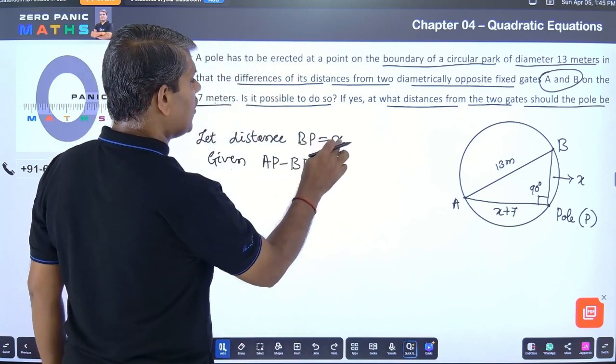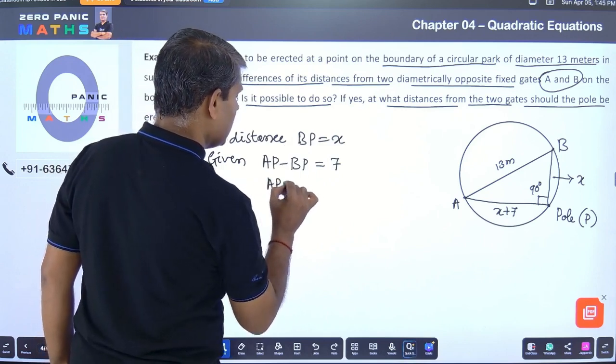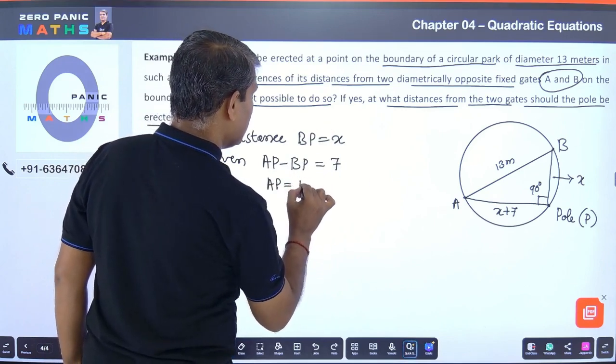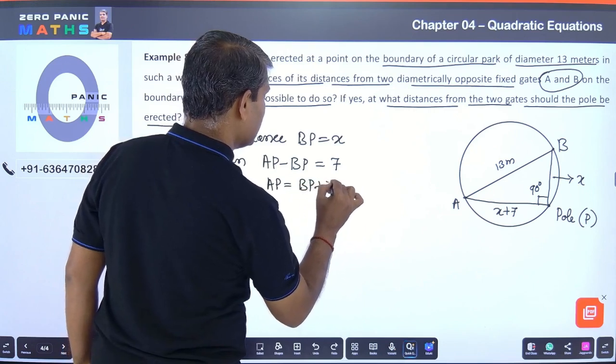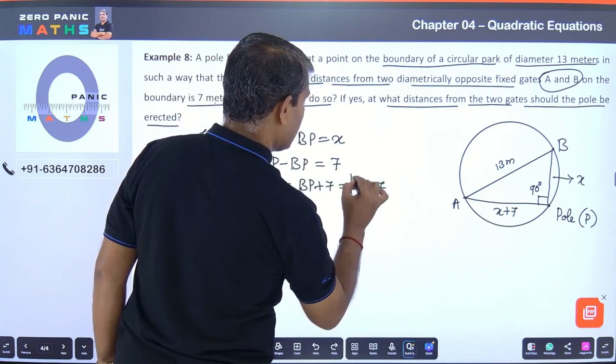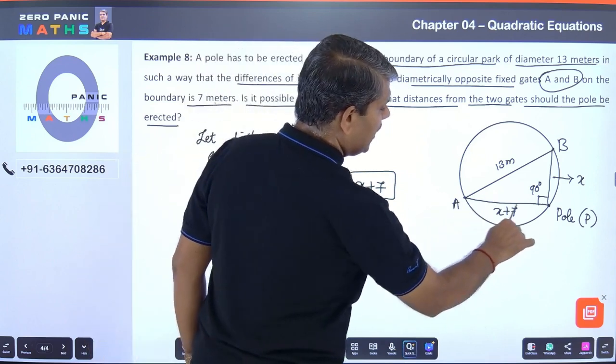Since BP is already x, I'm trying to find AP. AP is BP plus 7, which is x plus 7. That is the reason I already wrote AP as x plus 7.